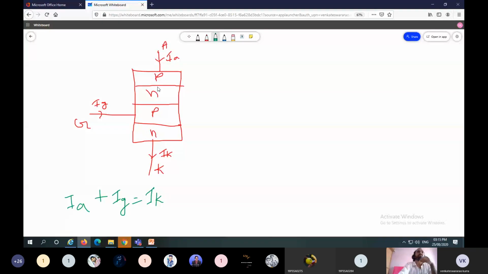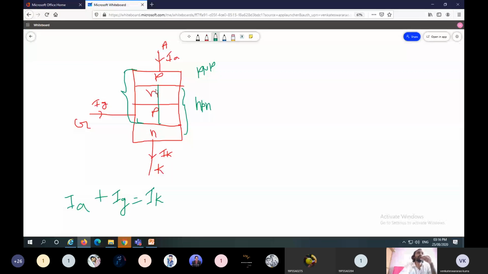If you observe the 4 layers, the first 3 layers act as a PNP transistor, and the last 3 layers act as an NPN transistor.